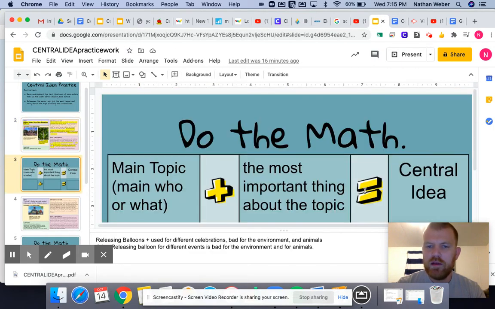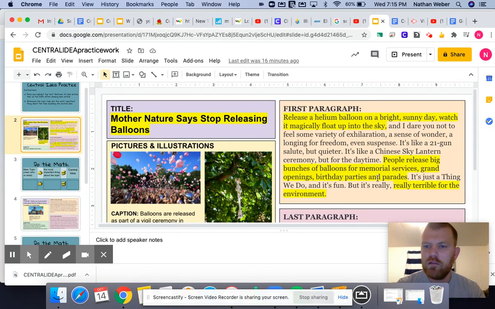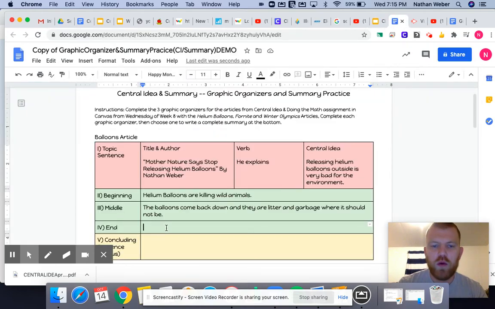And then you keep reading, and the article actually tells you that the world might be running out of helium. So it's possible that the helium the balloons use is sucking up our helium supply. So that would work as our third detail that supports the environment, because helium is part of our natural environment.